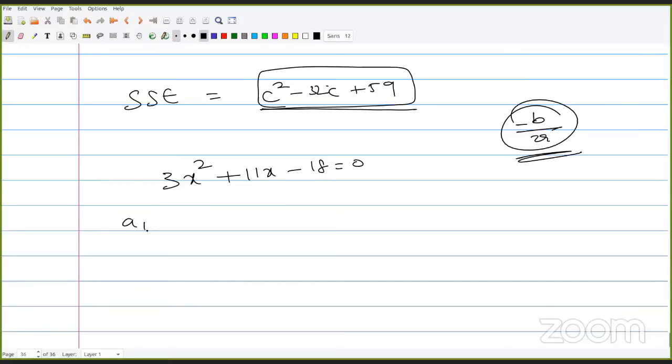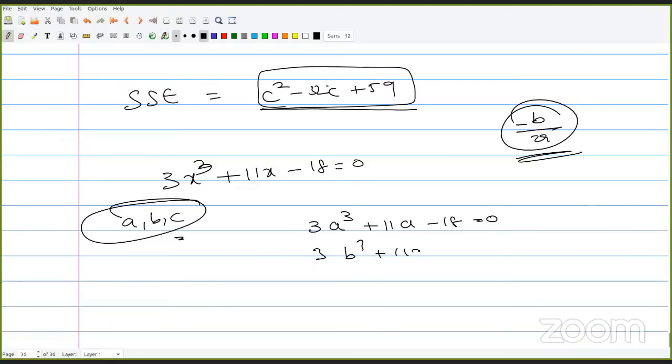Then find the value of a cube plus b cube plus c cube. Given abc is 6. See, 3a cube plus 11a minus 18 equals 0 is one equation. If a is a root, this will satisfy.